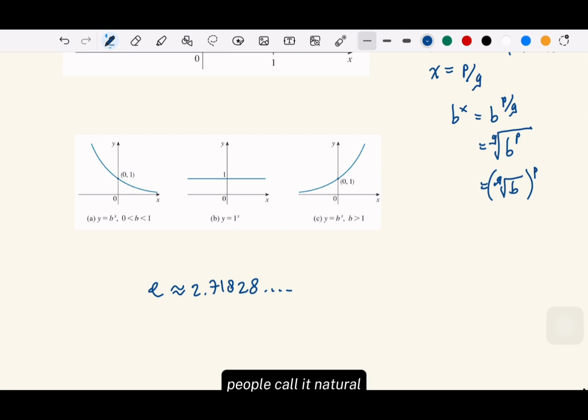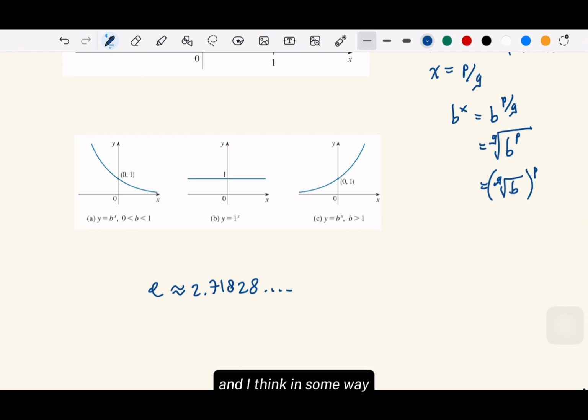People call it natural, but why did they come up with the word natural to describe e? Golden ratio. Yeah, it's related to the golden ratio. So everything that has changes, and it can relate to the exponent, you will get the same ratio, which is this number.